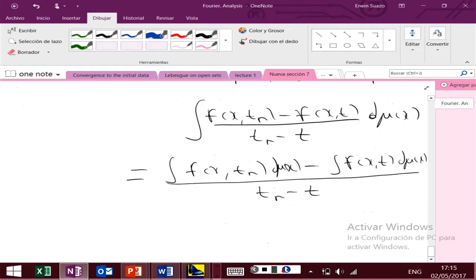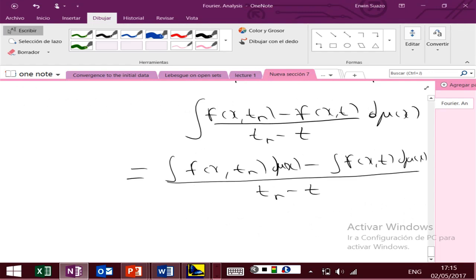So I'm just using my properties of integration, but then by definition, what is this? This is capital F of what?